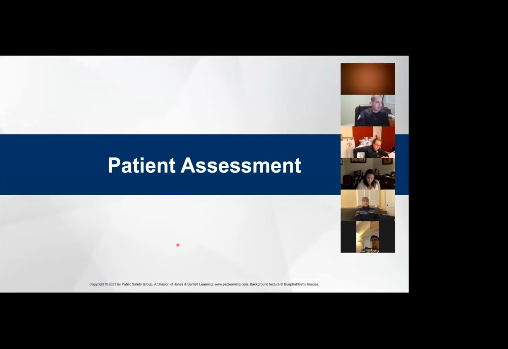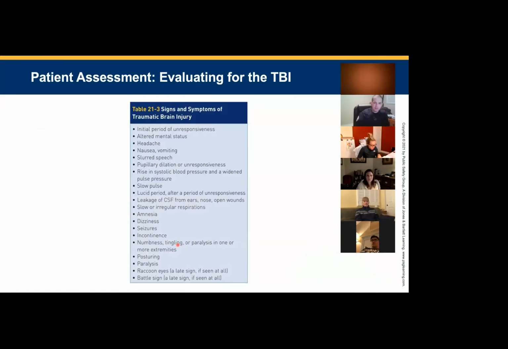All right, moving on to patient assessments. If we have somebody that we suspect is having a traumatic brain injury, we want to assess for a lot of different things. We want to assess for an initial period of unresponsiveness. That can be done simply by asking the patient, do you remember everything?